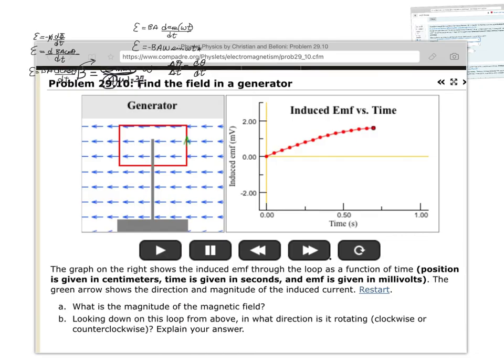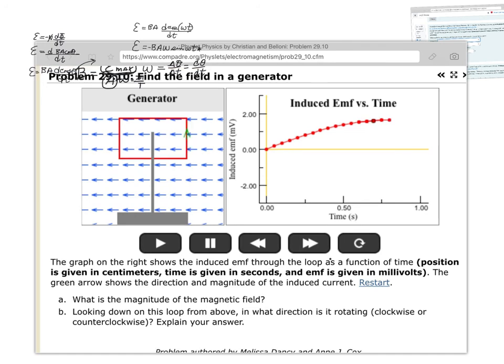So to get the area, you want to move the loop so that you're at the maximum EMF when the coil is facing us and parallel to the field, and the flux through it is 0.